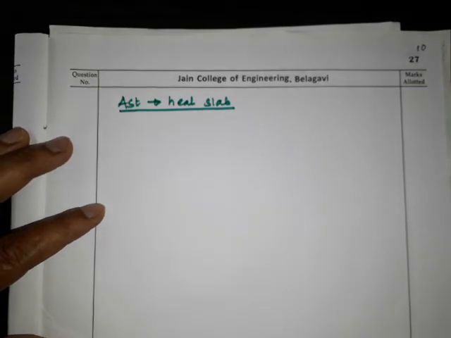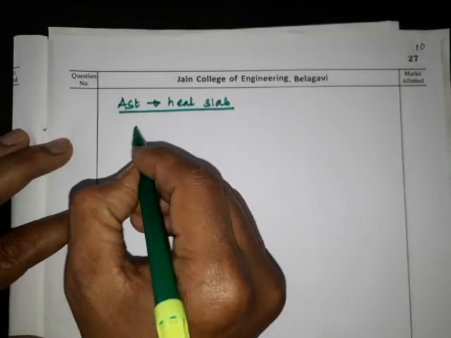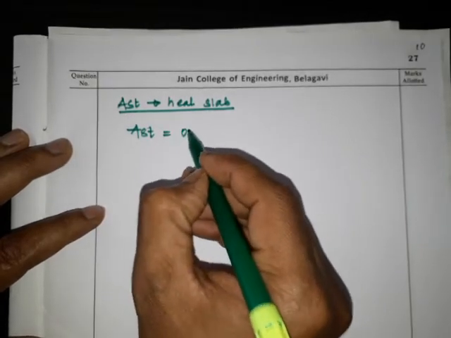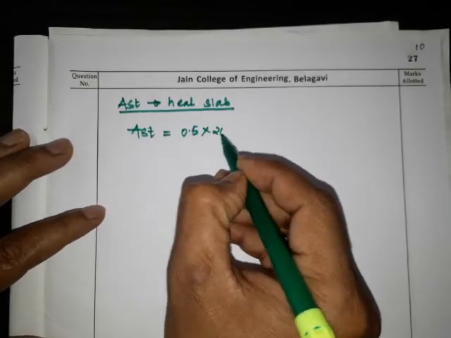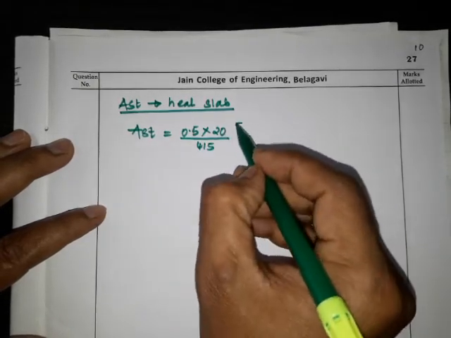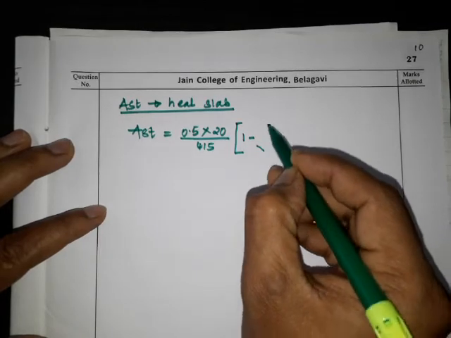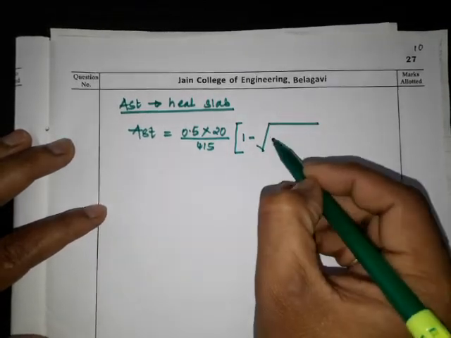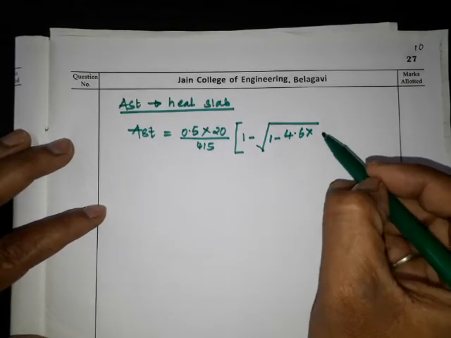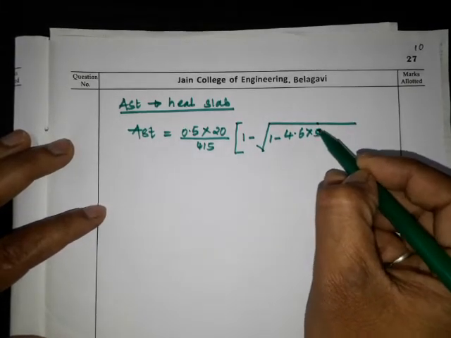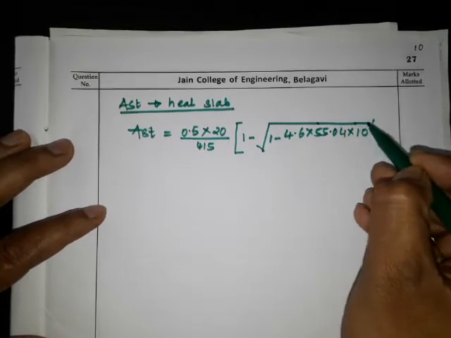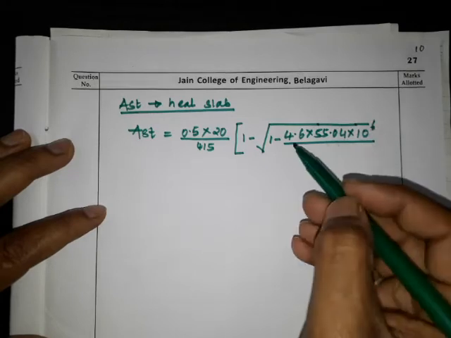So I'll write AST is equal to 0.5, fck is 20, fy is 415 into bracket of 1 minus square root of 1 minus 4.6 into Mu, which is 55.04 into 10 to the 6, divided by fck b d square.